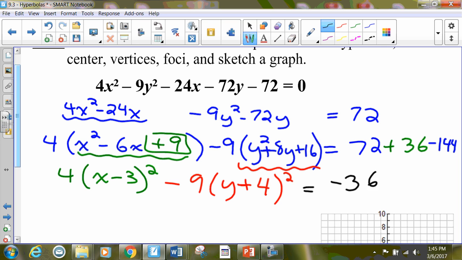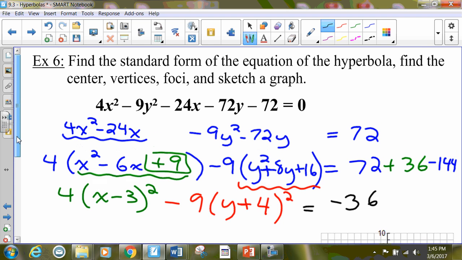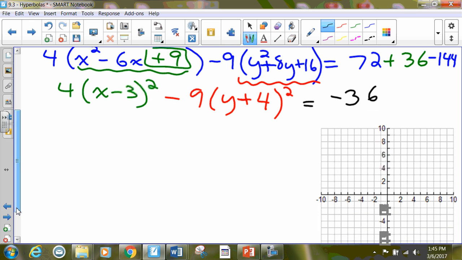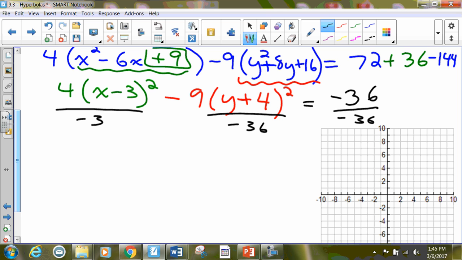Oh, the plot thickens. What do we have to do? We already can tell there's an H and a K. Oh, look at all the things we're going to have to do. We're going to have to identify all those things and sketch it. So this would be a good candidate for the test. All right, so what's our next step? Yep, let's divide every term by -36, and something interesting happens, right?